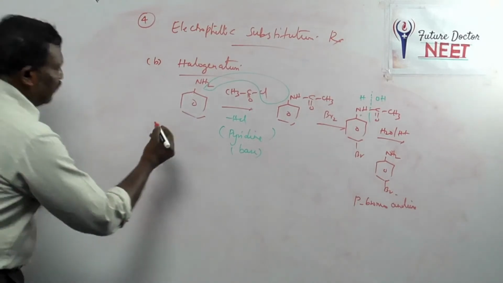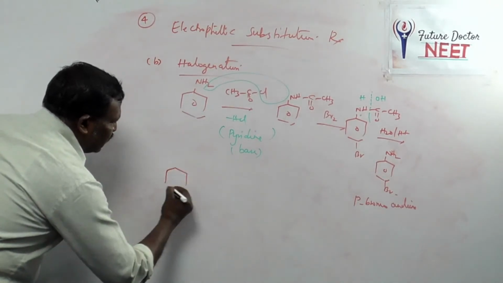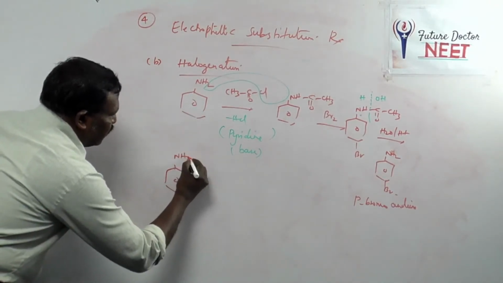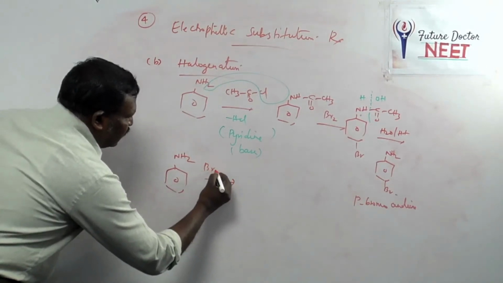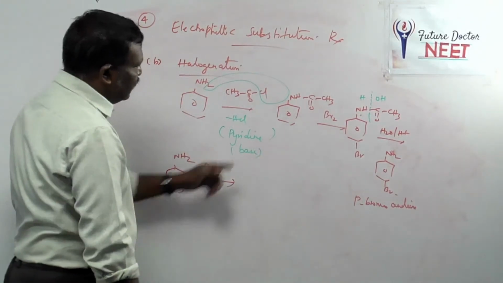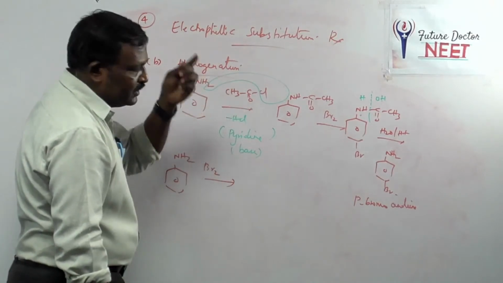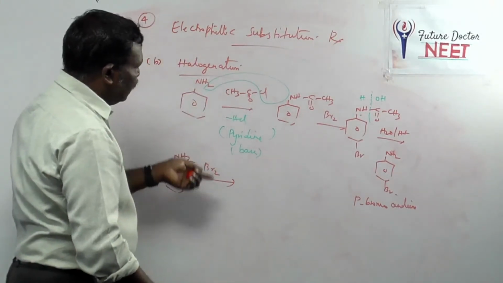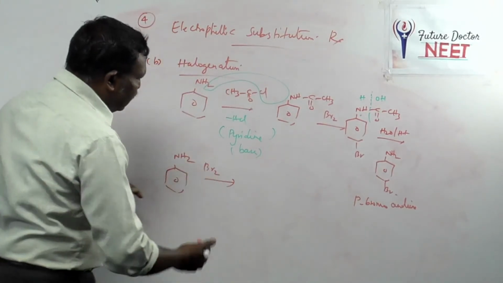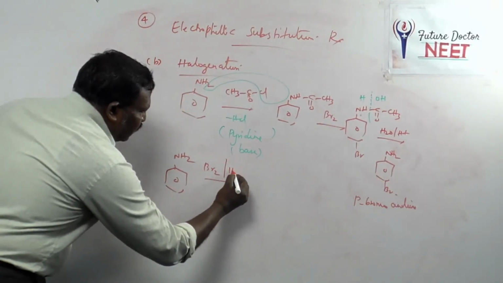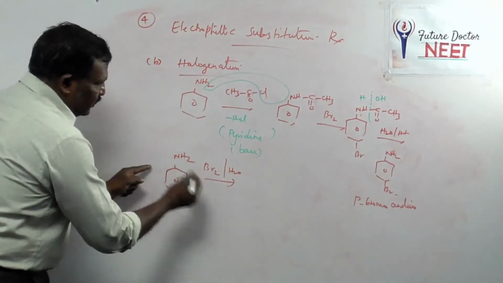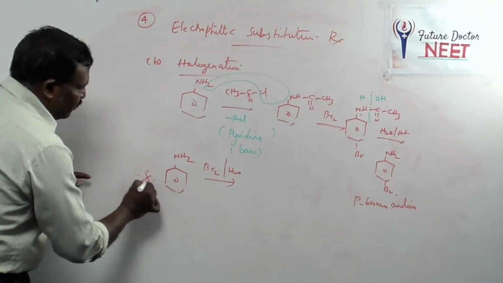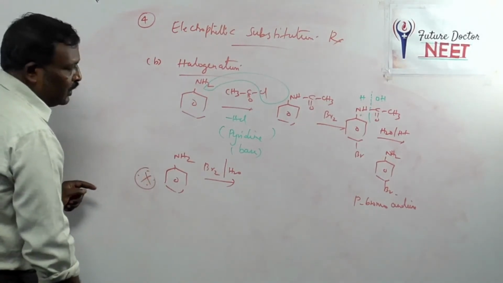Here we have one more equation, that also just note down. Suppose here we are doing bromine directly in the presence of some other solvent, like carbon disulfide or chloroform. But if you use water as a solvent, this is a familiar equation: bromine water.